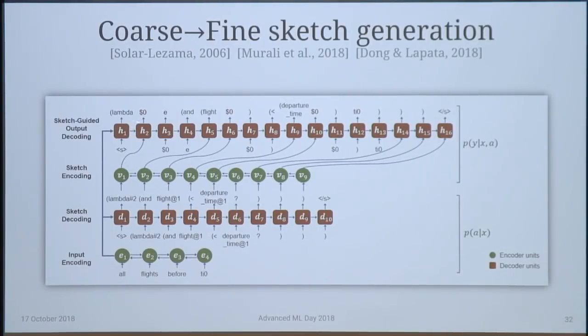Another will output tokens of the program. And in cases when the target token actually appears in the sketch, it will just copy it from the previous one. And if it does not, it will generate a new one. So this idea works not just for SQL. It works for almost any program generation process, as long as you can come up with a particular definition of what constitutes a sketch.